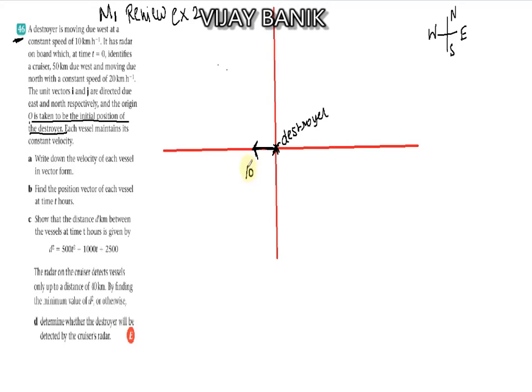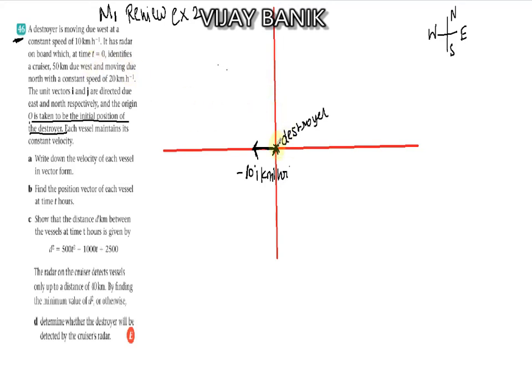If we are writing the velocity, it's going to be minus, because it's going left. This is 0 and this is the negative axis. So minus 10i kilometers per hour is my velocity over here. This is the destroyer moving this way.